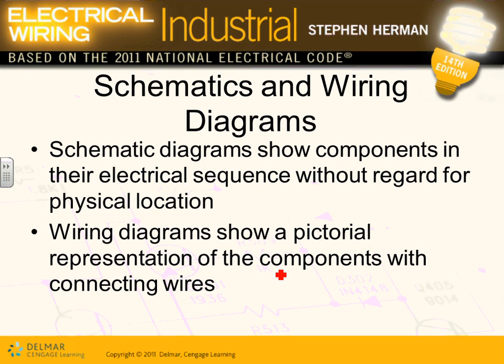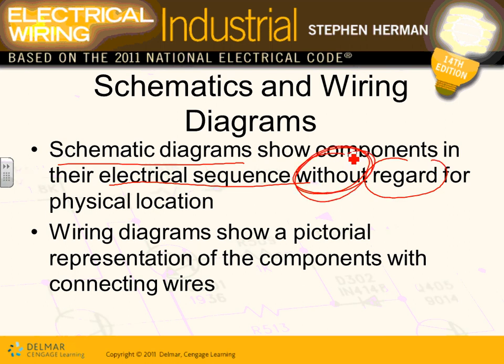Schematic and wiring diagrams. The schematics, guys, show components in their electrical sequence, how they operate with each other, with no regard, this is the point, no regard to the physical location. We don't care where they're located. We're just going to show how the system is connected.